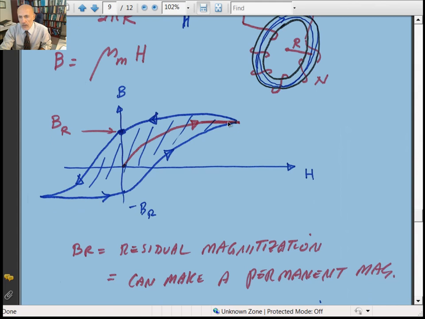One of the things that you want to do is this area here, again, the hysteresis area, is due to the losses or the energy you have to put in to make that permanent magnet and lock in those domains inside the ferromagnetic materials.